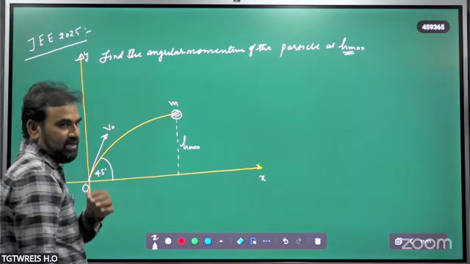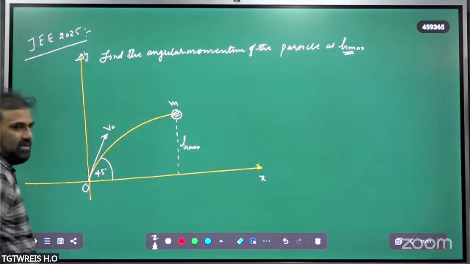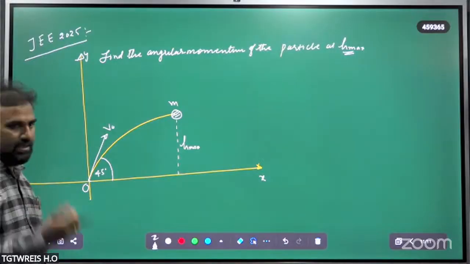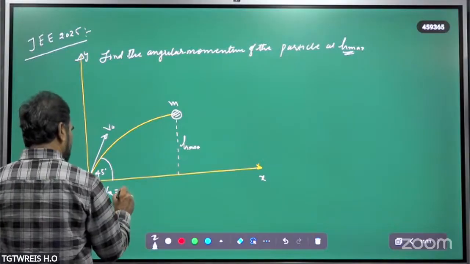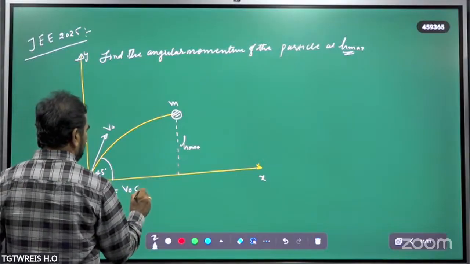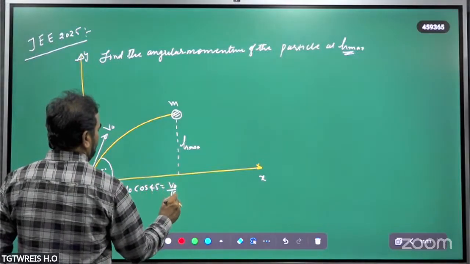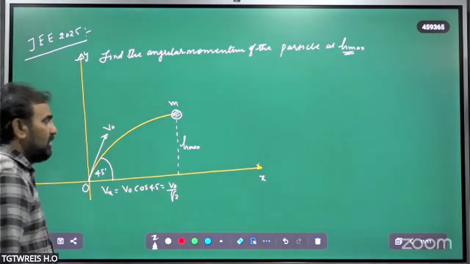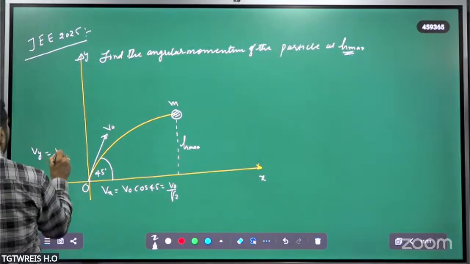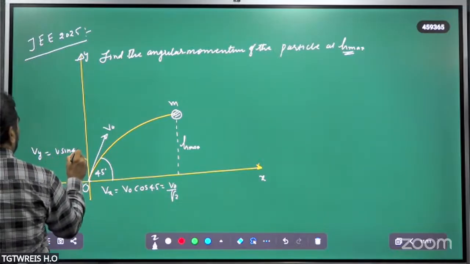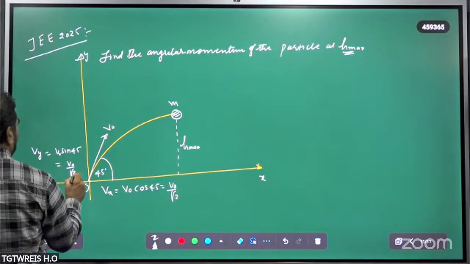Here the initial velocity is in a two-dimensional plane, so it will be resolved into rectangular components. Along the x-axis, Vx is V naught cos 45, that is V naught upon root 2. Along the vertical direction, Vy is V naught sin 45, that is V naught upon root 2.